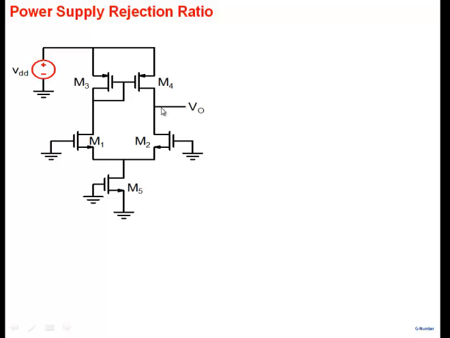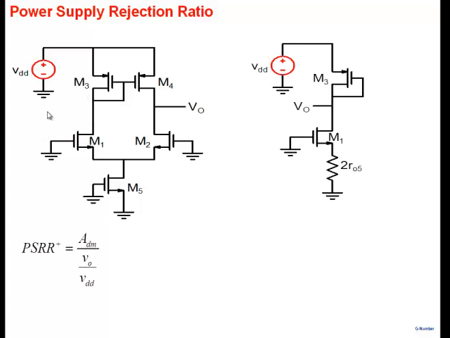Calculation of V0 is more involved because it has all of this here. Calculation of this one is rather straightforward. So we do the following. We apply VDD here. M3 is here. M1 is here. And because it's common mode, I can split it into 2R05 here. So we get this here. And how much will be V0?